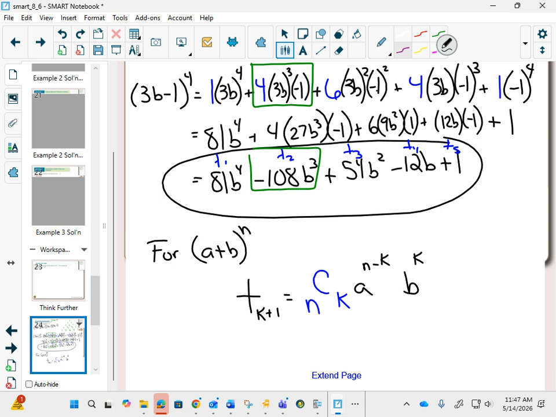This formula is on your formula sheet. So if you wanted to find term 2, well, term 2, then k would have to be 1, because the only way I'd get on this side term 2 is something plus 1 equals 2. Oh, k has to be 1.